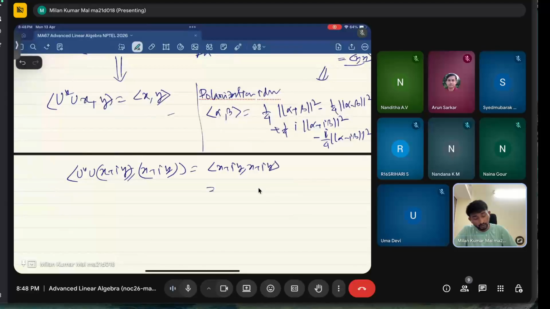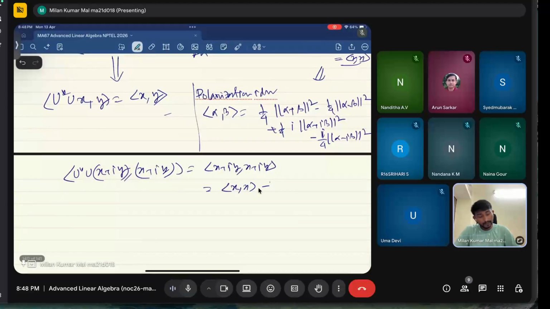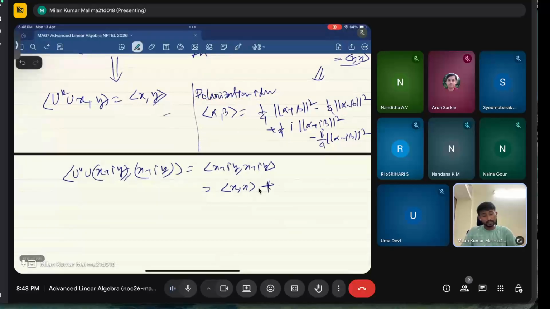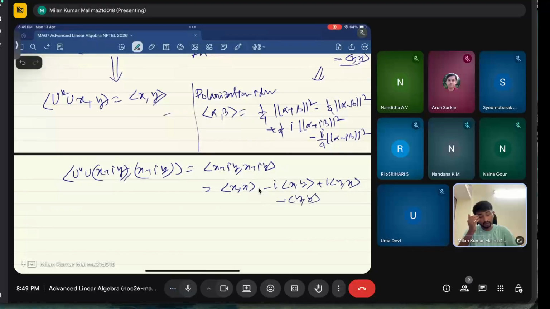So this is going to be inner product xx, plus x with iy, that will be minus i inner product xy, plus i inner product yx, plus i will come two times, but it will come as minus i squared, so that is the inner product yy, and similarly we get this one.